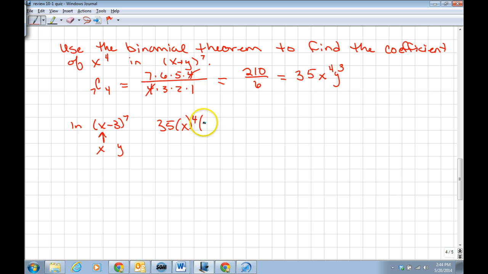And then the y's are going to be negative 3 to the 3rd power, because we don't have a y there, we actually have a number. This is the grouping thing, except they just want to find one thing. If you plug negative 3 to the 3rd into your calculator, it's negative 27. Negative 27 times 35, I don't know off the top of my head. One of you can find that for me. I don't either. So negative 945. This was wanting to know the x to the 4th coefficient of this particular one.